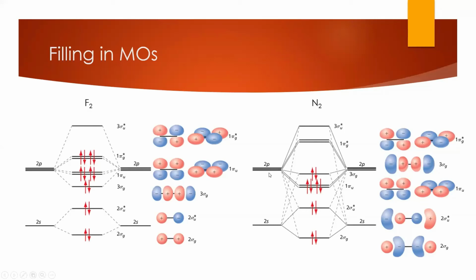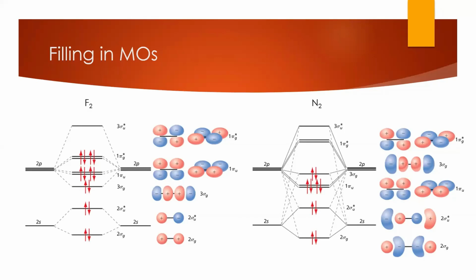It turns out that the s orbitals and p orbitals for nitrogen are closer in energy than they are for fluorine. So that gives them more overlap, and that actually forces this orbital to go up. You can see from these lines here, we're talking about sp mixing. And maybe you remember this from inorganic chemistry or previous classes. We'll talk about this next time, and maybe in class if we have time as well.